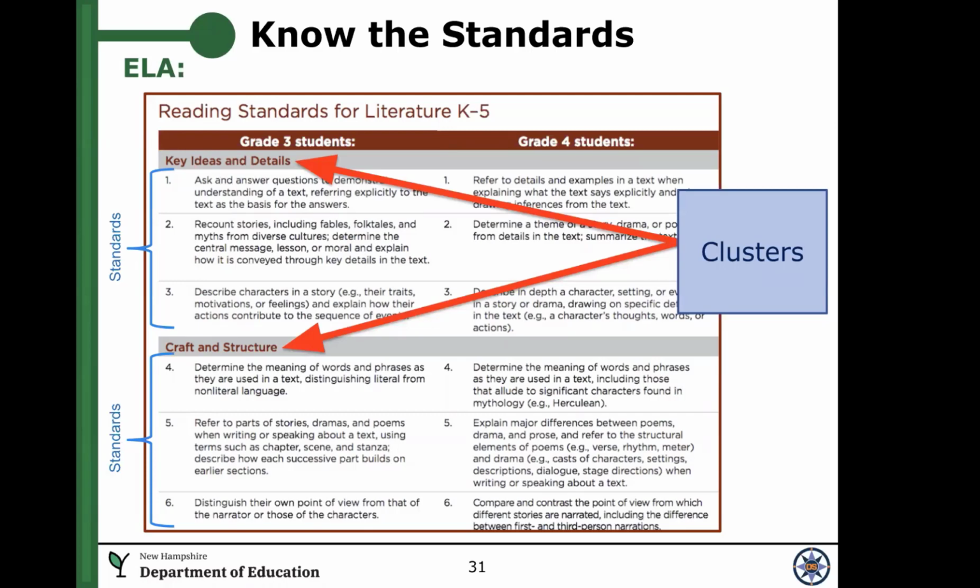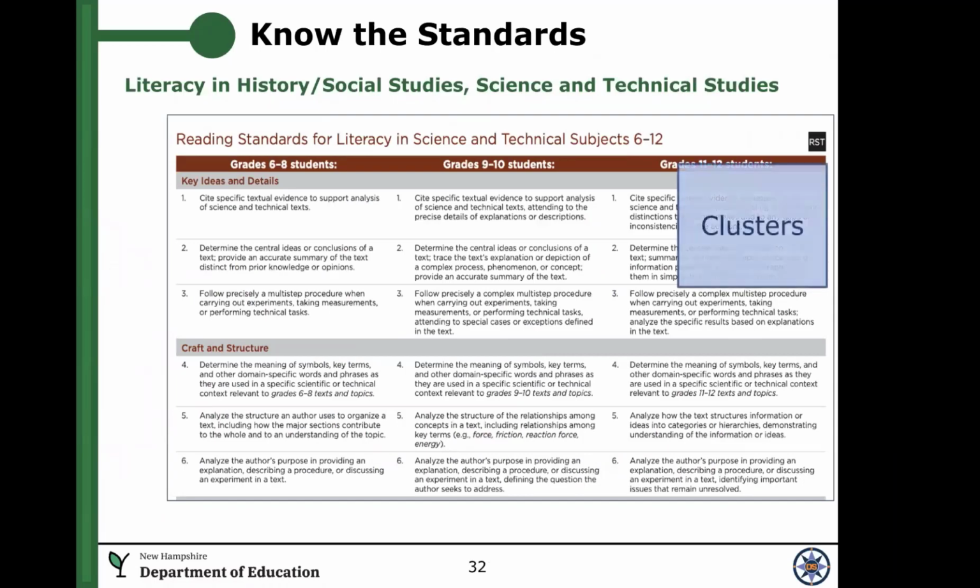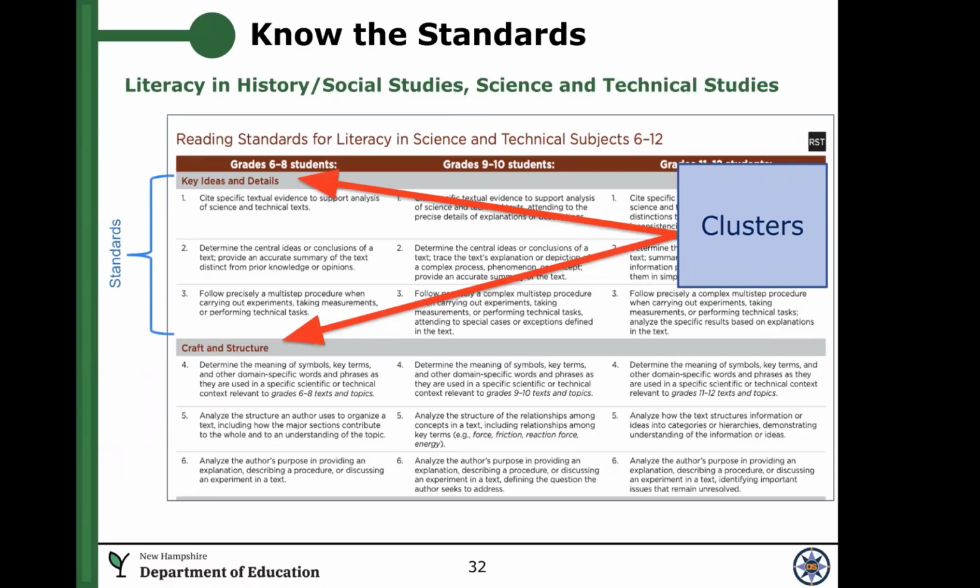So if you were looking at grade 3, you would be looking at RL, so reading standards for literature, and it might be .1 or .2, .3. So that's how you read those. And then same thing again for your social studies, science, and technical studies. And you can see key ideas and details or craft and structure, and then you can see what the standards are there.